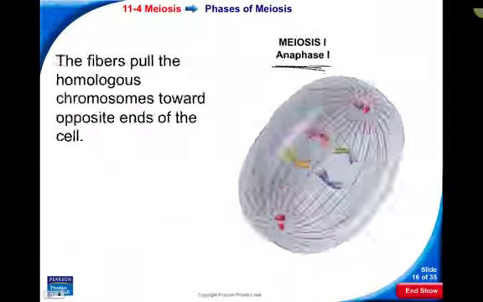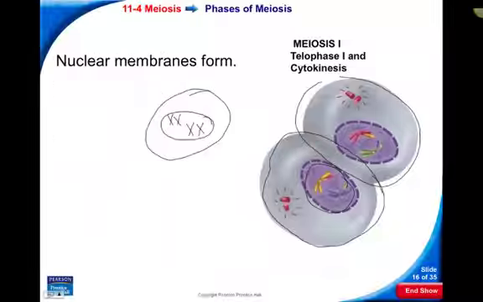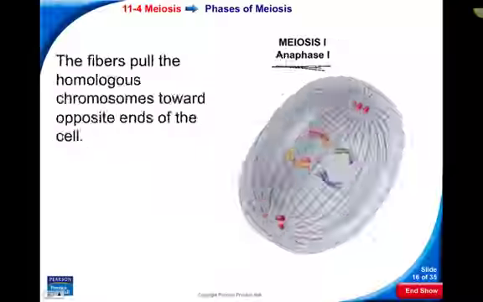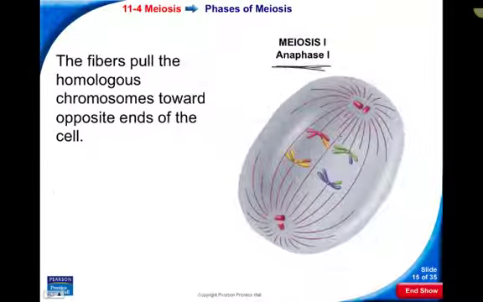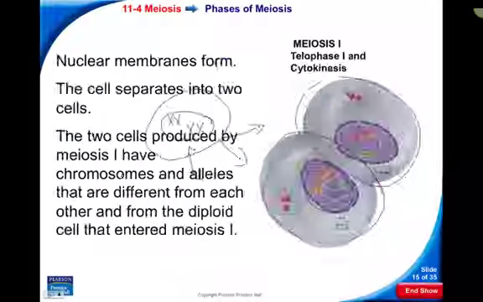Now, each of the cells coming out only has 2. The 2 cells produced by meiosis 1 have chromosomes and alleles that are different from each other and from the diploid cells that entered meiosis 1.